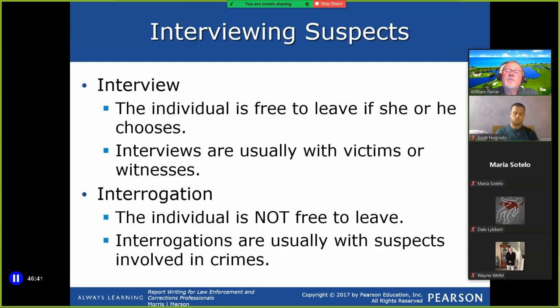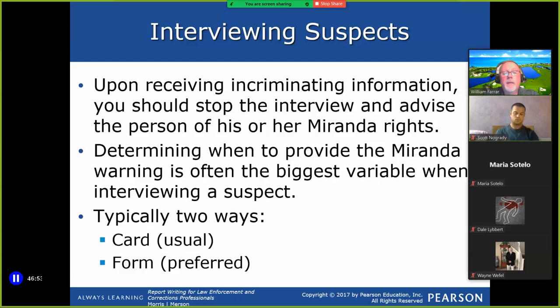Could an interrogation actually show that a person was not involved in a crime? Yeah, it could go back the other way a little bit too, but an interrogation really is more accusatory. And then finally, when you talk about interviewing, let's not forget the Miranda part.